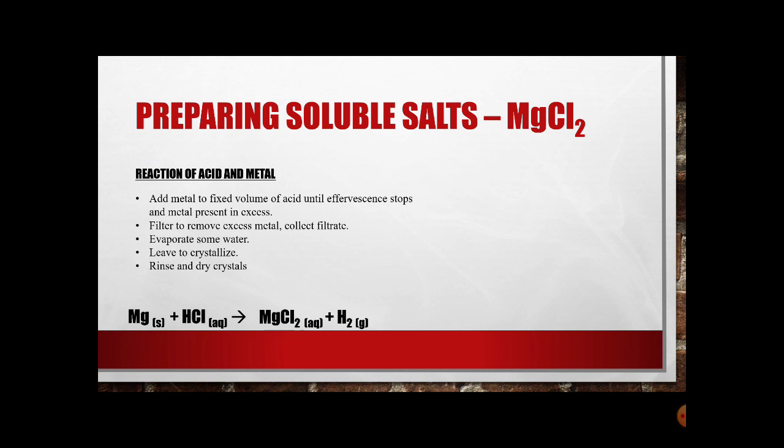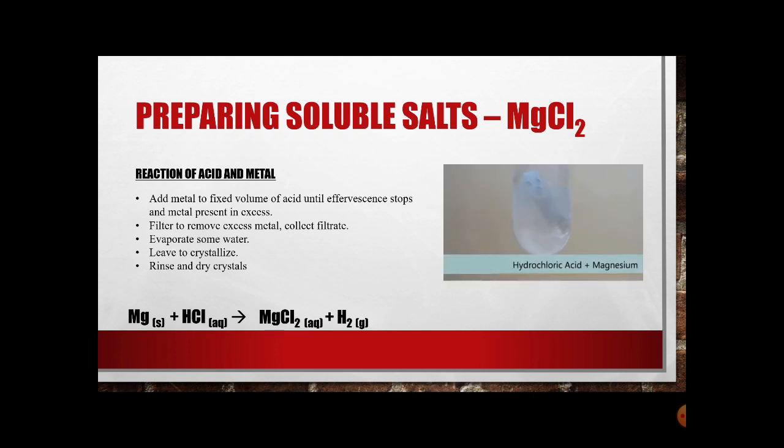If we wished to prepare magnesium chloride, the metal must be magnesium, and the acid must be hydrochloric acid since it will give chloride ions. The metal is added to the acid. We know this produces a salt and hydrogen gas, so the mixture will fizz as seen. The fizzing stops when all the acid has reacted.